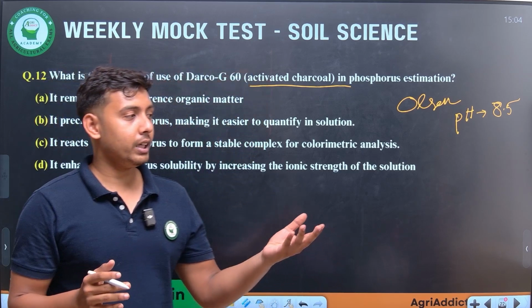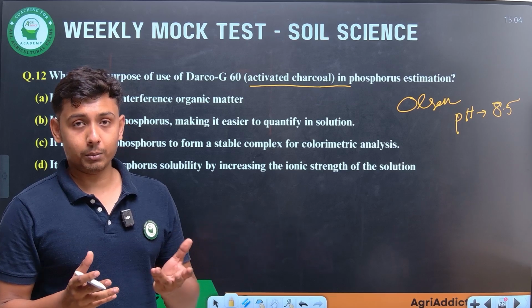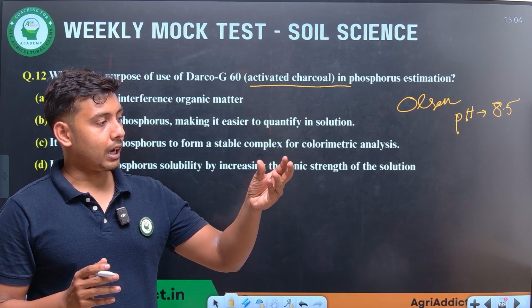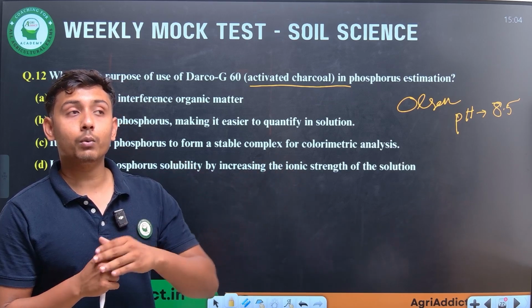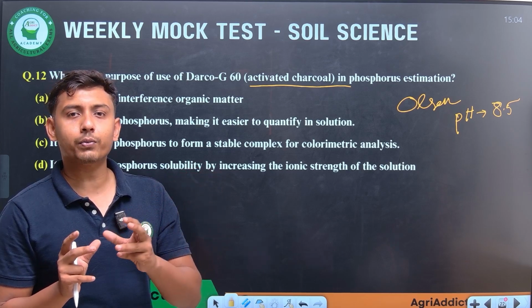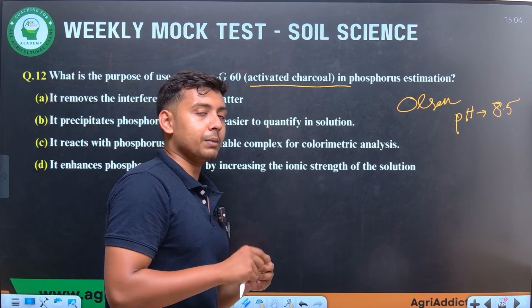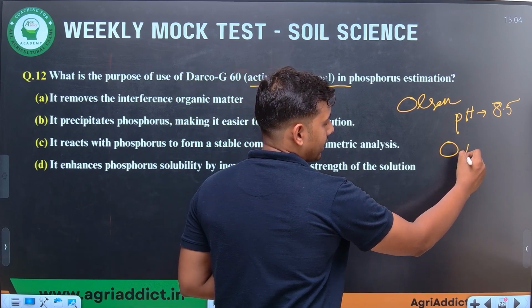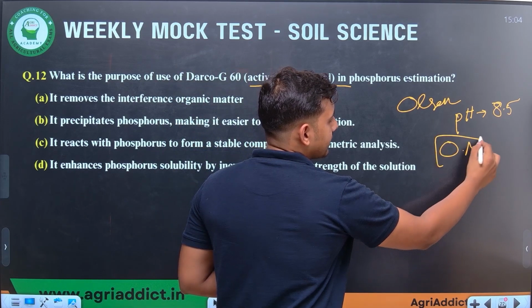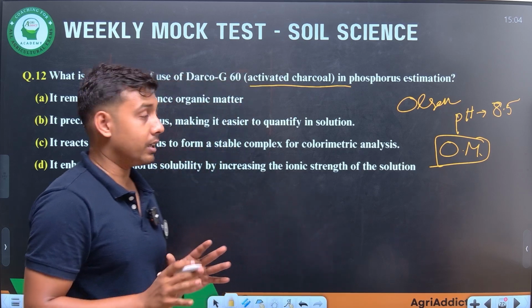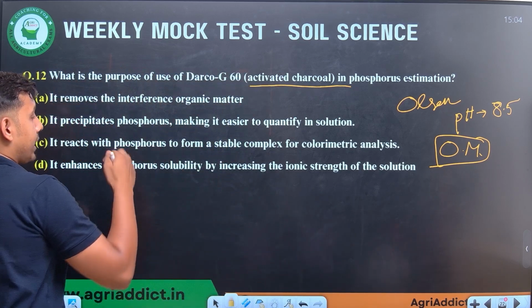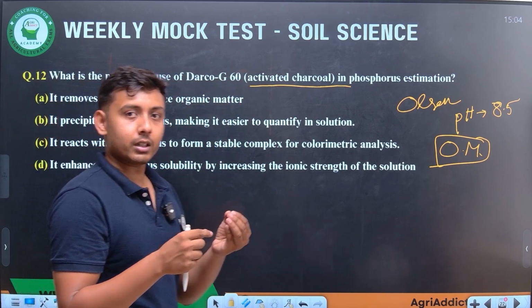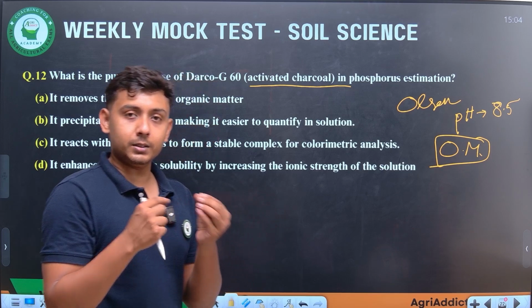So whenever we try to extract from the soil, after filtration we get a reddish type of filtrate. This reddish color is actually due to the organic matter. It is a photometric method. It is actually detected in a spectrophotometer, where the blue color intensity is measured.